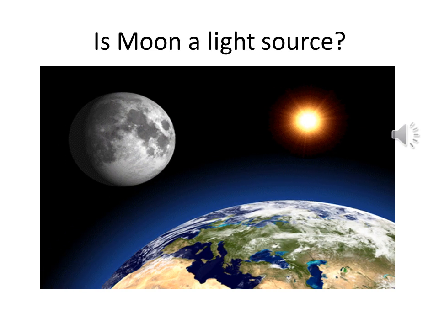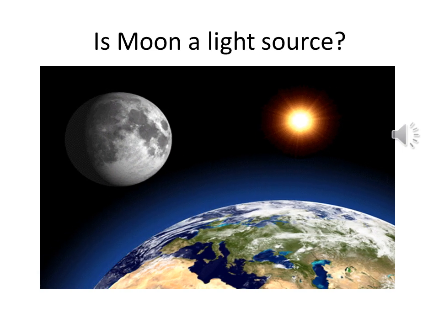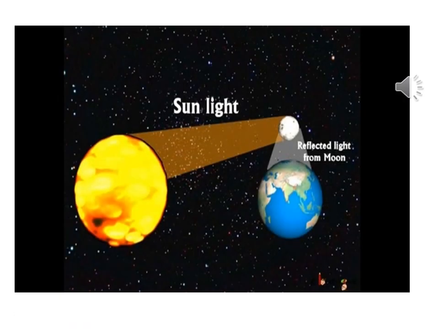It is just reflecting the light of the sun. So the sun is the light source, and the moon is a non-light source. The light from the sun falls on the moon and it is reflected from the surface of the moon, and that is how we are able to see the moon or different phases of the moon, right? Correct.